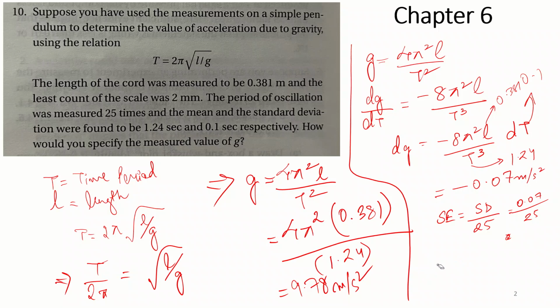So you can put 9.78 plus minus this dg divided by it, so it will be 0.0028, or you can write 9.78 plus minus 0.03. Understood, all of you? Any doubts, you can ask.